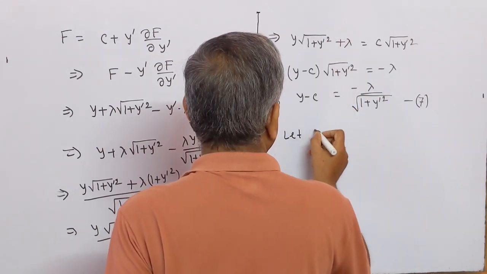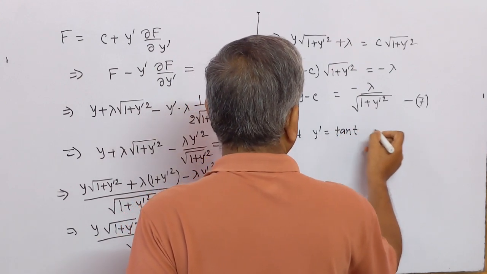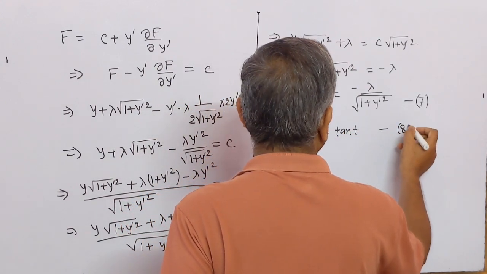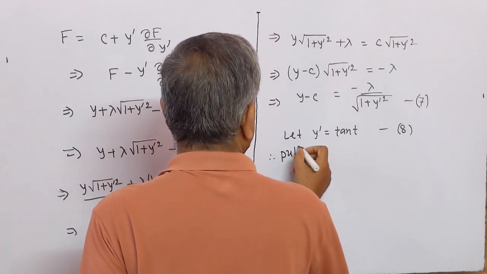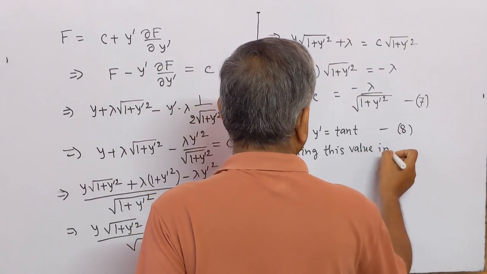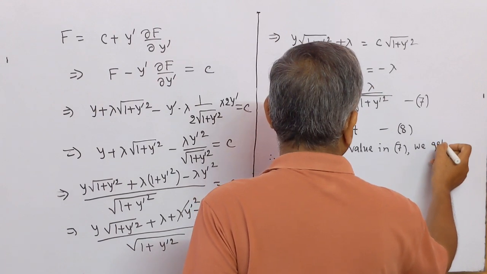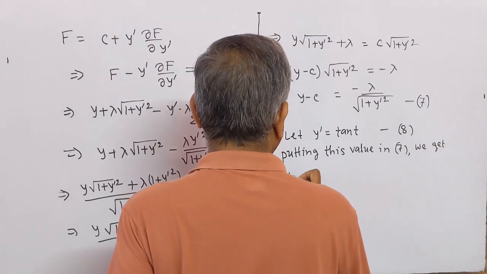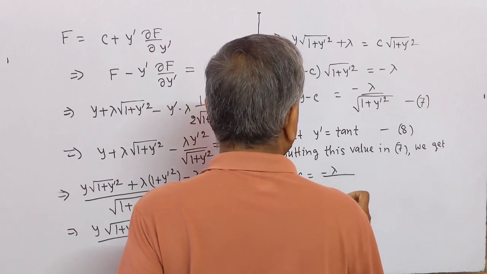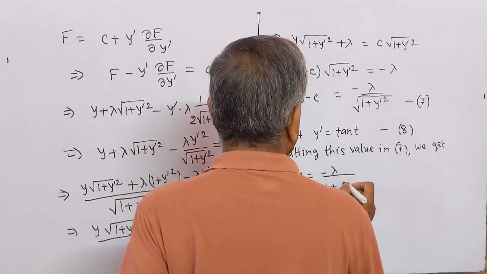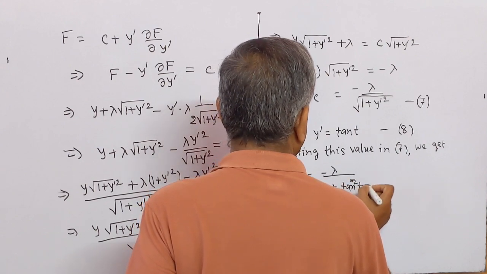Let y prime equal to tan t. This is number 8. Therefore, putting this value in 7, we get y minus c equal to minus lambda by square root 1 plus tan square t.